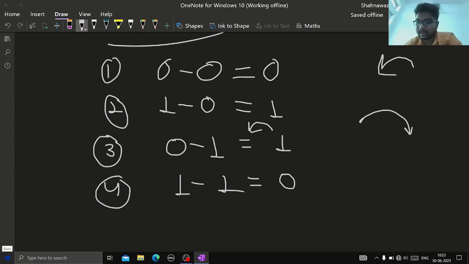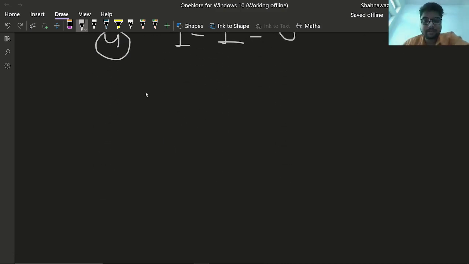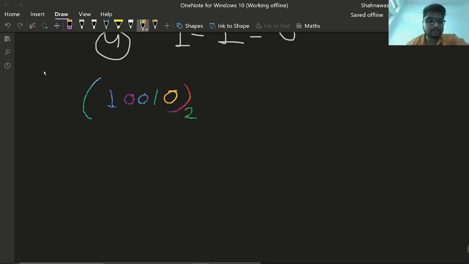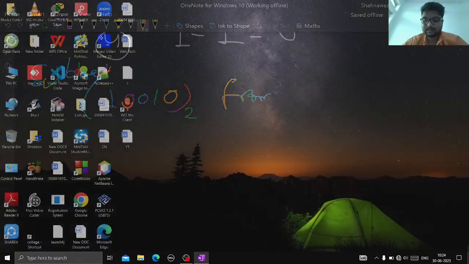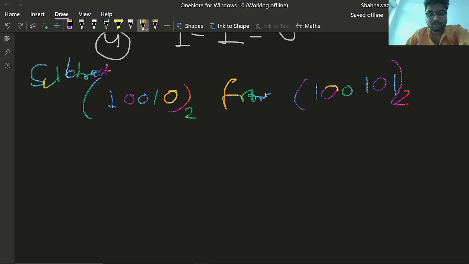Let me explain with an example. What can be the format of the question here? It can be 1001 and 0, subtract from the second number, 100101. So first, the first number will be this one.